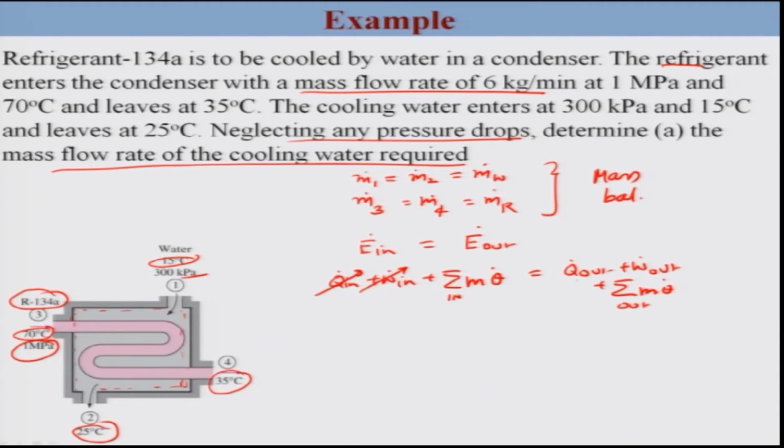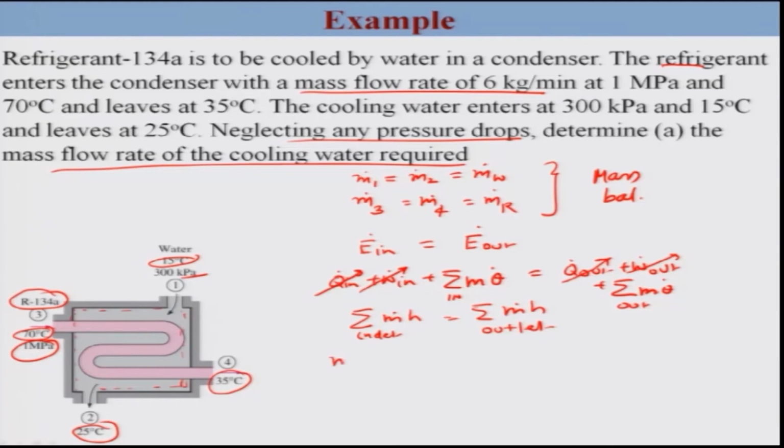In that case, your Q dot and W dot should be 0, and assuming the kinetic energy and potential energy to be 0, this can be simply written as M dot H inlet should be equal to M dot H outlet. Or in other words, the inlets are 1 and 3.